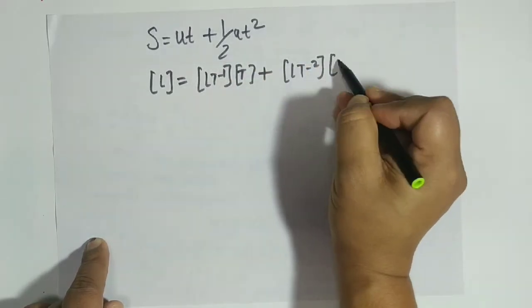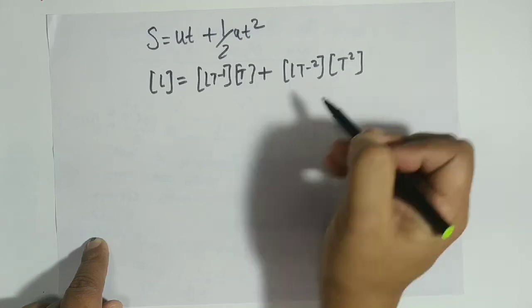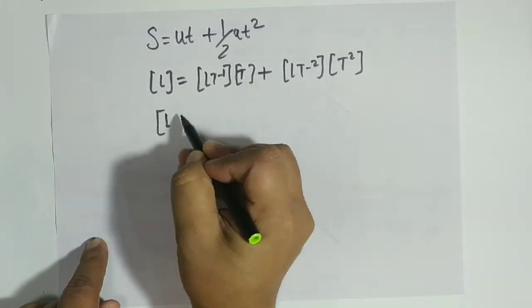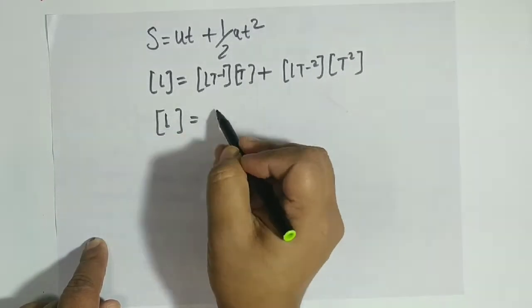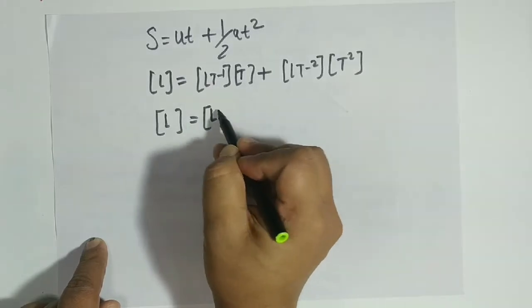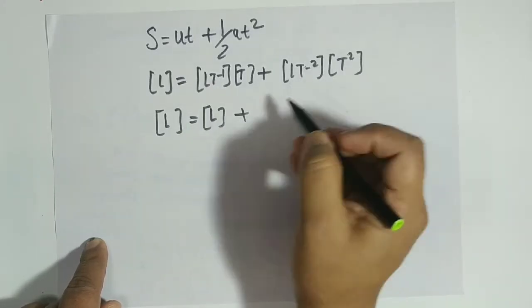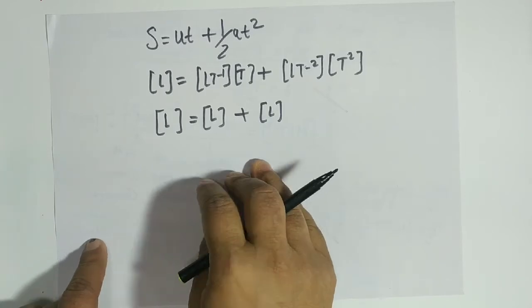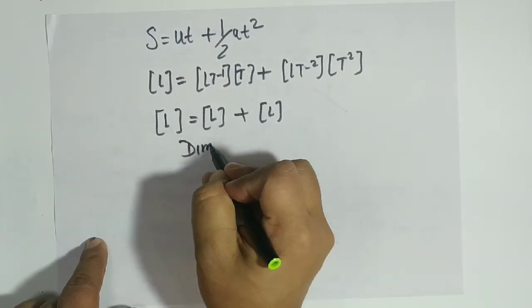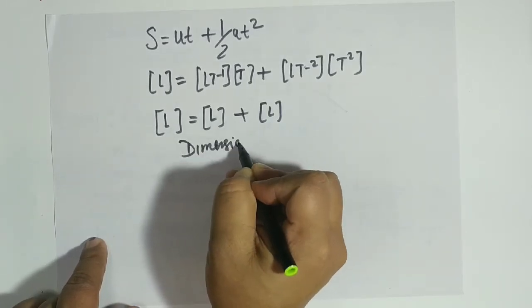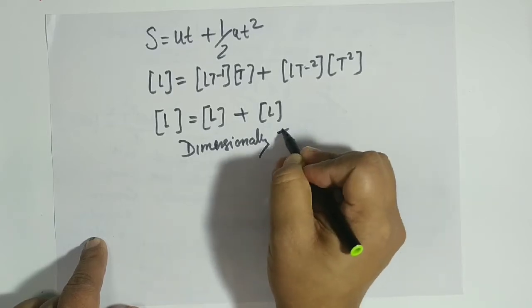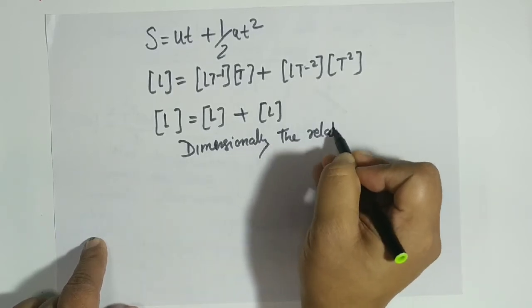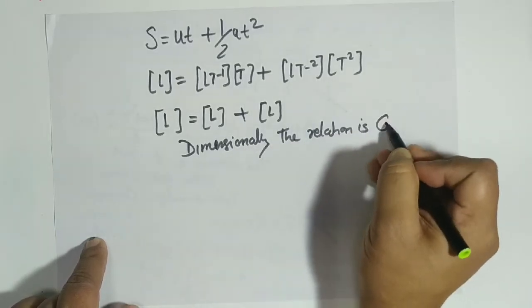Then t square, time is T. In this way you can write. So this is L. If you solve it out, T will cancel, it will be again L. And here T minus 2 into T square, it will be L. So it is L plus L. So we can say dimensionally the relation is correct, because we have the same dimensions.